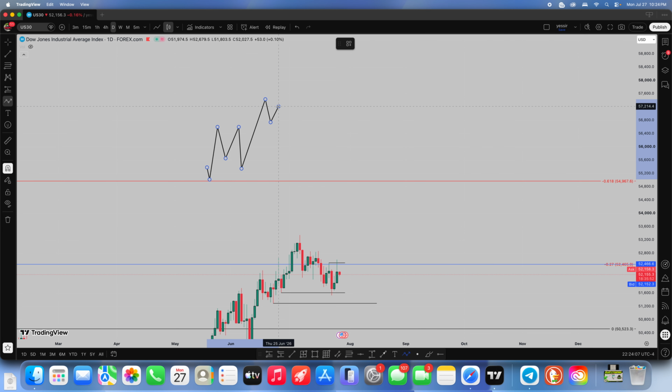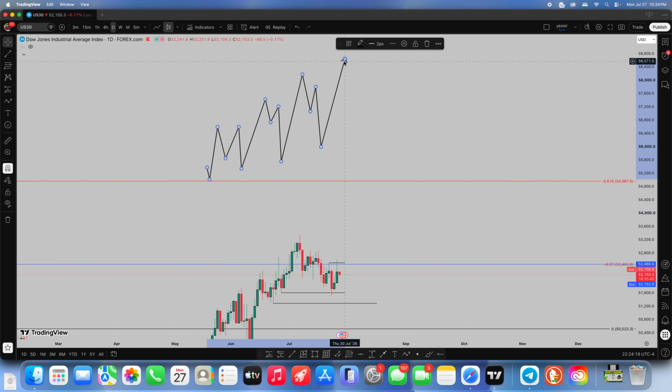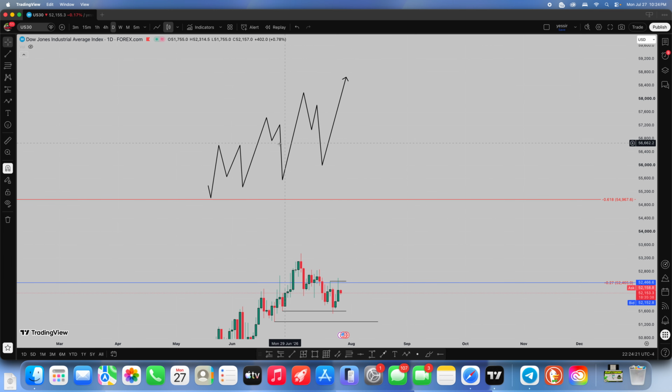It could be crazy like this, but you find that M pattern, you're definitely going to have a high probability setup. That's all the market loves to do. Make double tops and manipulate this middle part.